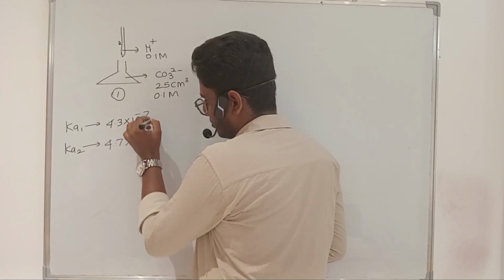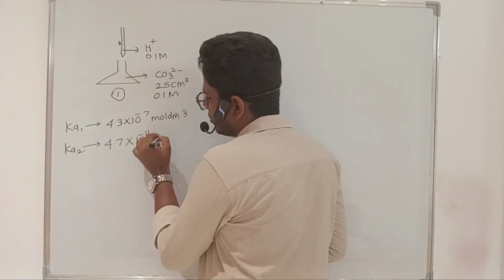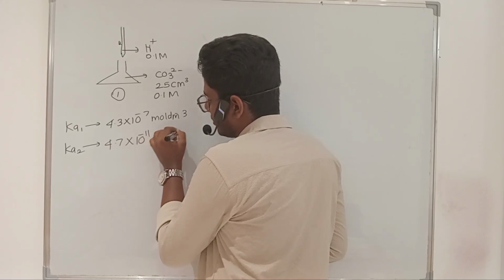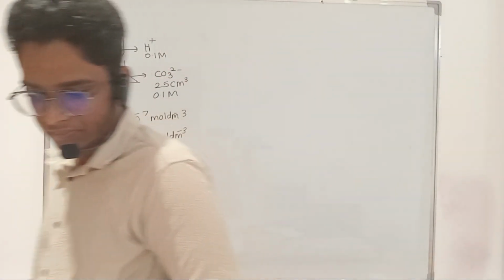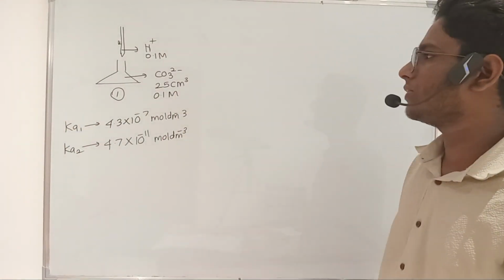They have the units of mol dm⁻³, and here also the unit is mol dm⁻³, right? Now what are they asking? They're asking what is the first equivalence point, right?